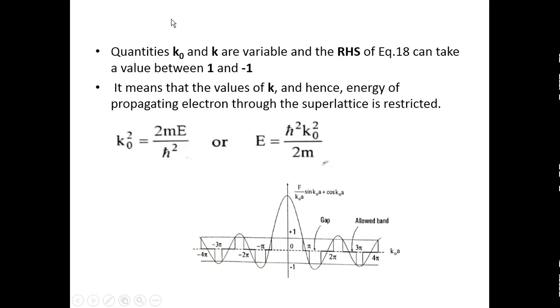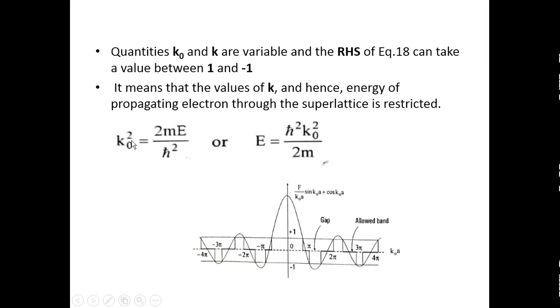It means that the values of k, and hence the energy of the propagating electron through the superlattice, is restricted. So the energy of the propagating electron through the superlattice is restricted between these values, -1 and +1.